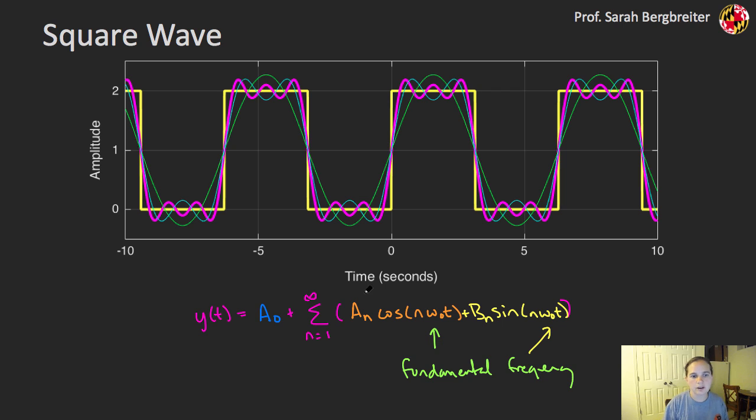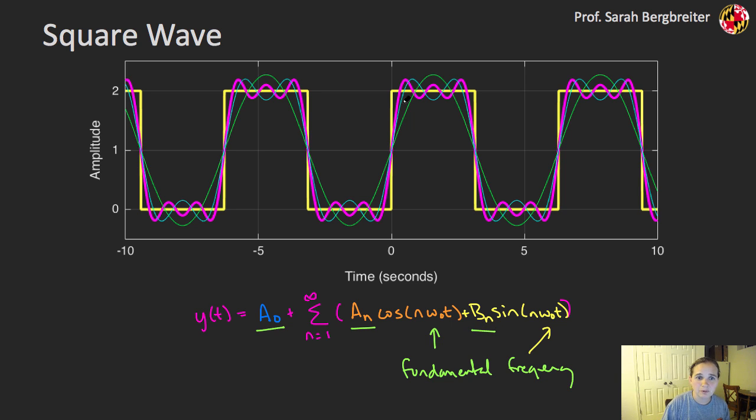But this expression right here is now providing me a description of, once again, any periodic signal with this infinite sum of sines and cosines. And now, of course, the trick is actually going in here and figuring out what all of these coefficients are. And we came up with some simplifications.